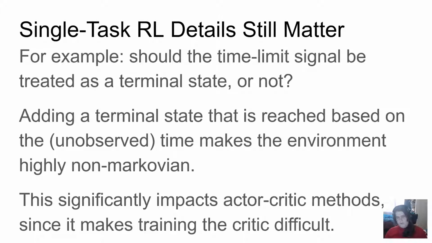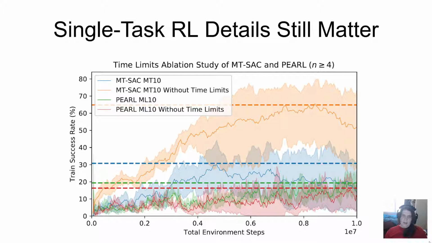But if you do this, there's a hidden variable, the time variable, that is not observed by the agent. That makes it really impossible to fit a Q function accurately to the data, and this causes actor-critic methods to usually perform very poorly. And we do find that this significantly hampers the performance of multitask soft actor critic.